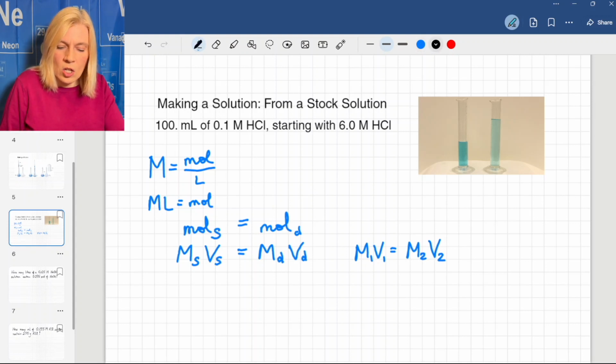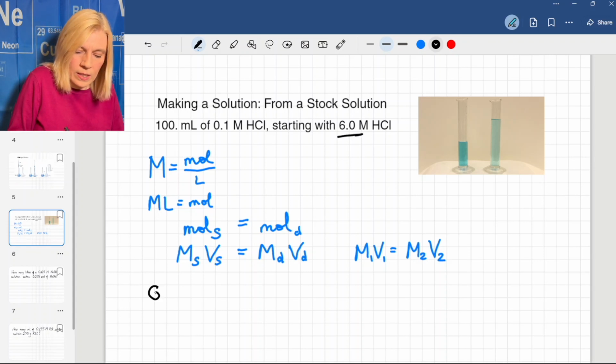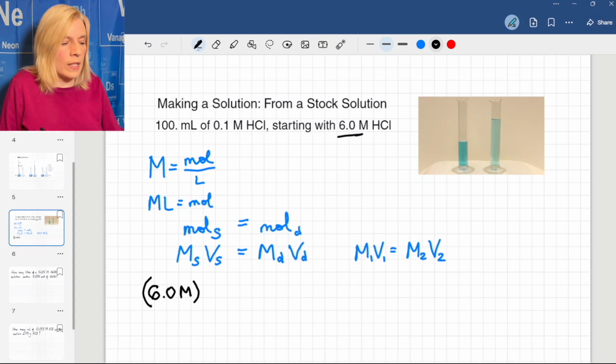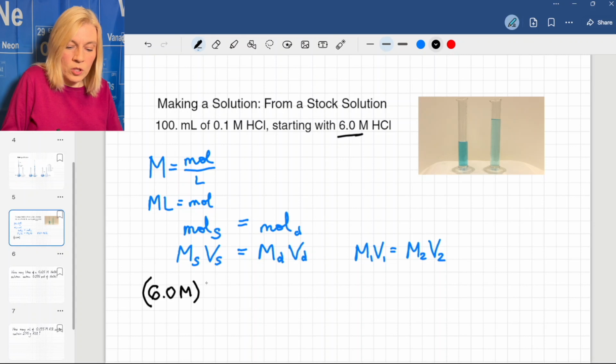Do I know molarity of my stock solution? Yes, it's right there, 6 molar. I'm going to say 6 molar. Do I know the volume of my stock solution that I need to remove? No, I do not know. That's what I'm trying to calculate. Volume of my stock solution.